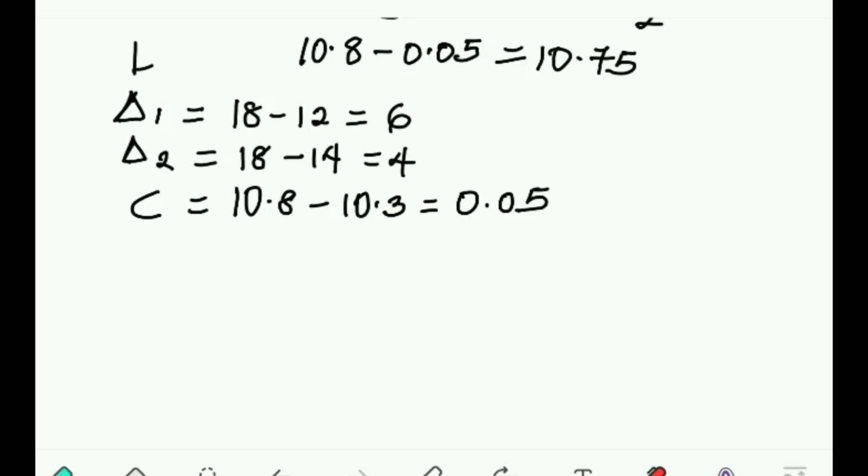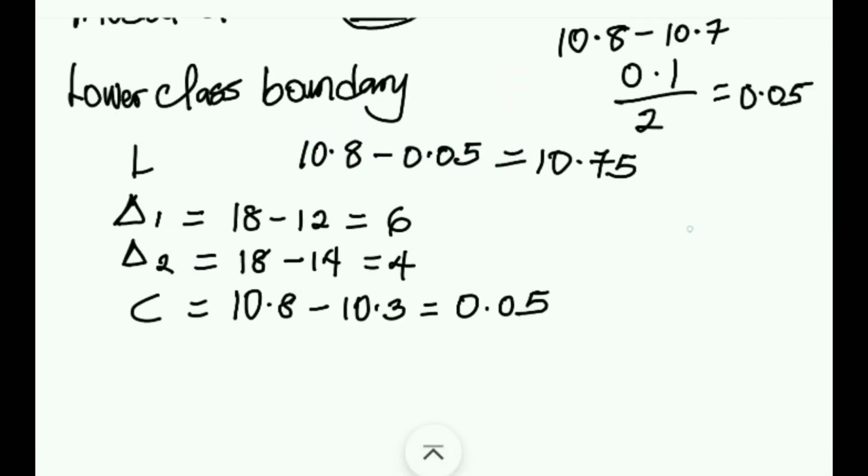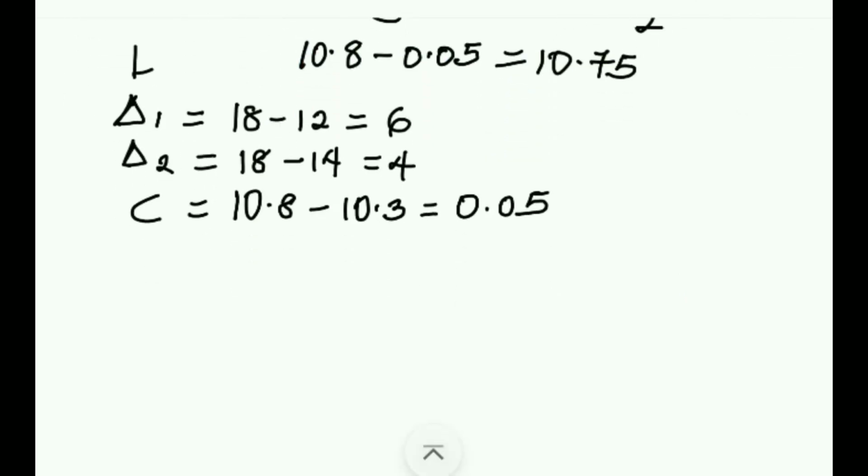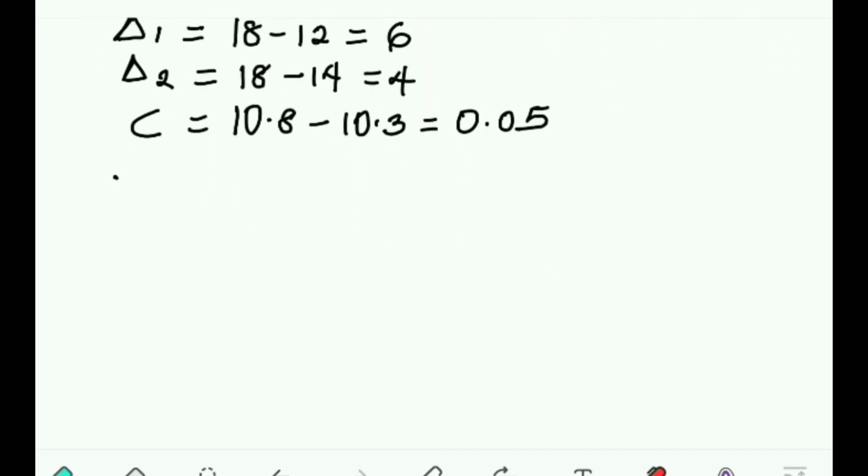So now we have all our values. We have the value of L, which is 10.75. The change in 1 is 6. The change in 2 is 4. And the class width is 0.5. So let's substitute in the formula.